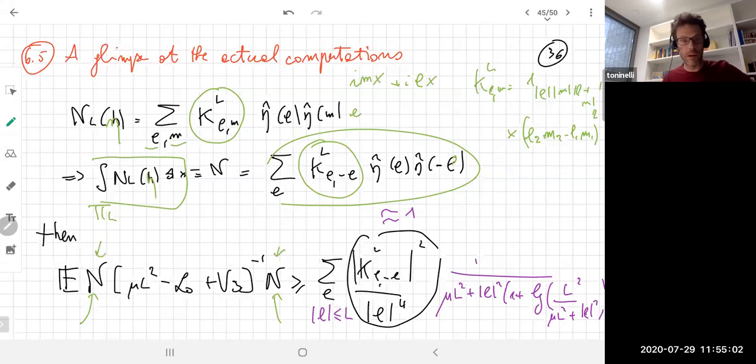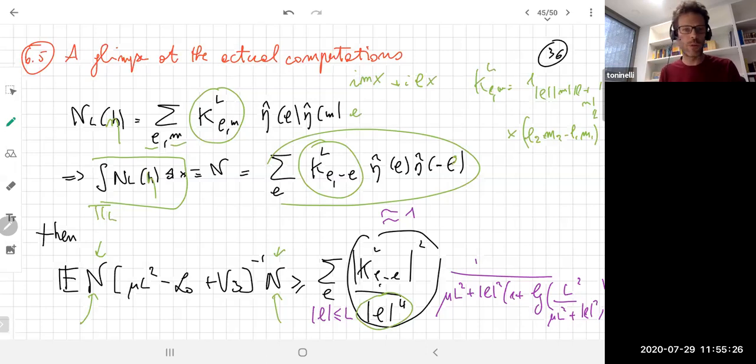So you get it squared. Now in the denominator you have L to the power 4. Where does that come from? When you take the expectation of eta L, eta minus L, these are Gaussian random variables of variance 1 over L squared. So when you take the expectation, you get a 1 over L squared, and another one because you have 4 etas.